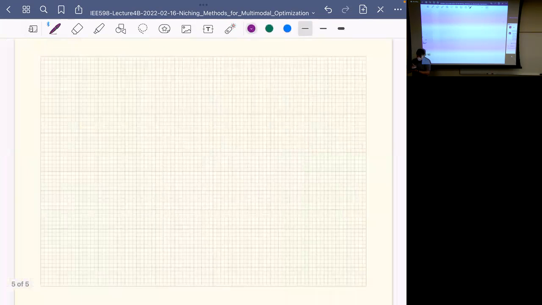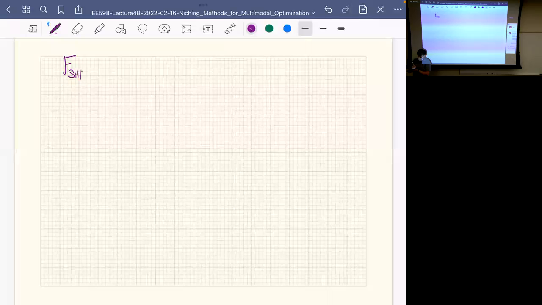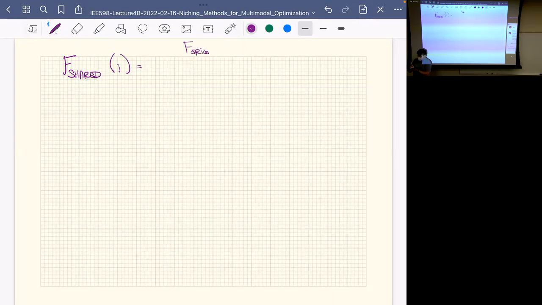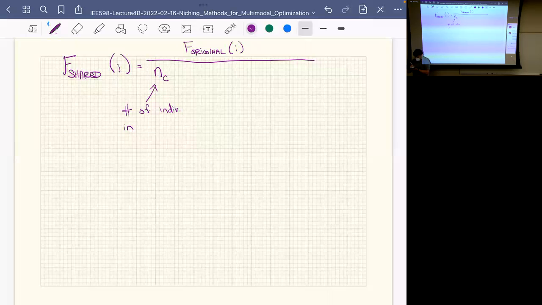So we are going to define F shared for this case, for individual i, as F original divided by the number of individuals in that cluster.